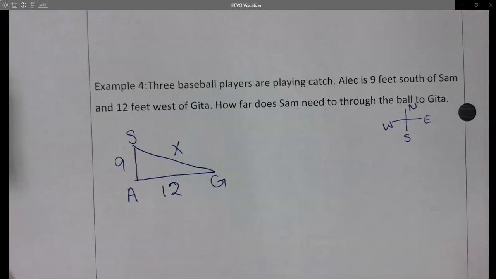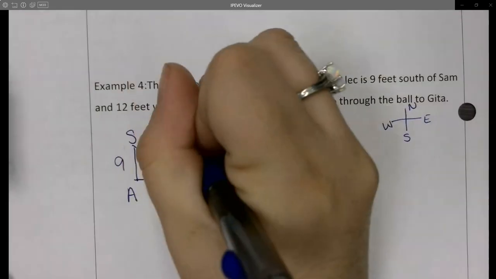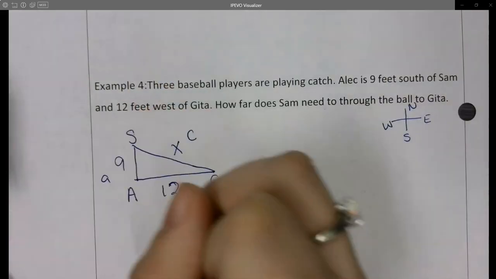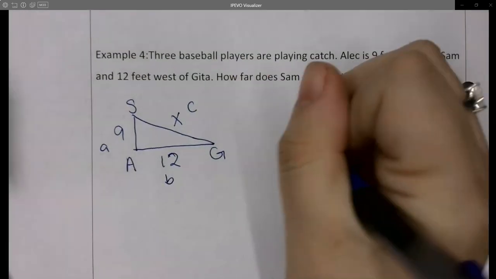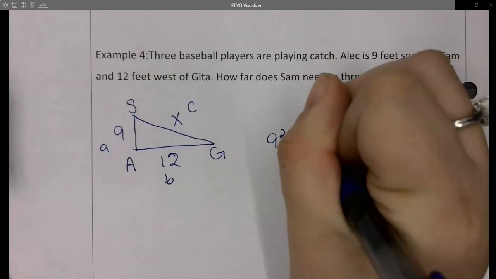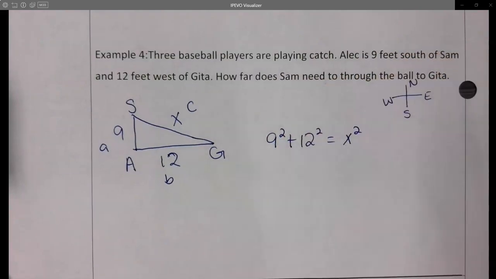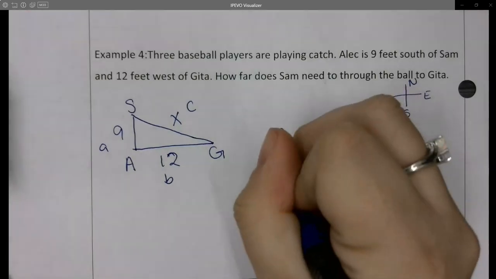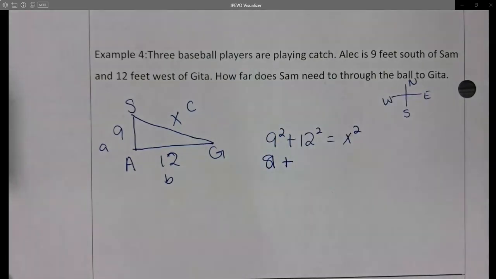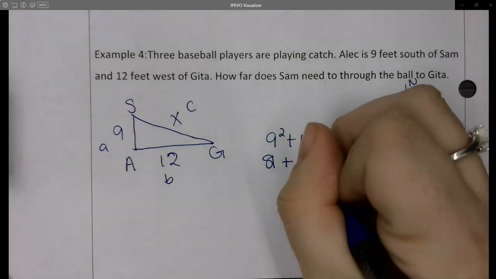So now that I have this labeled, which one is C? X, because it's on the slanty one. And then I can make either one of those A and B. I have 9 squared plus 12 squared equals x squared. What is 9 squared? 81. 12 squared? 144.